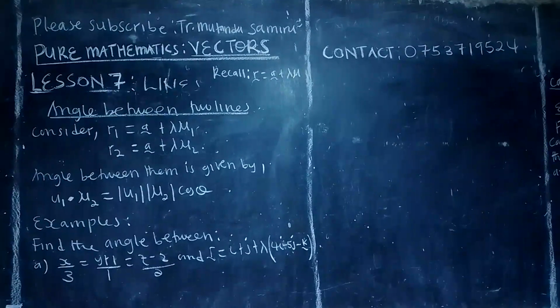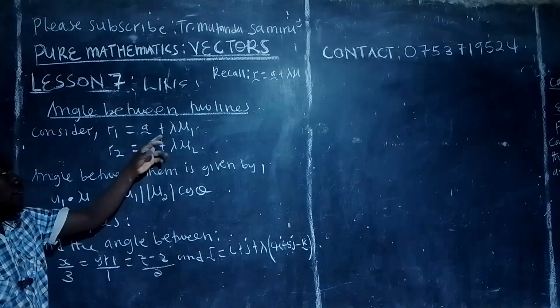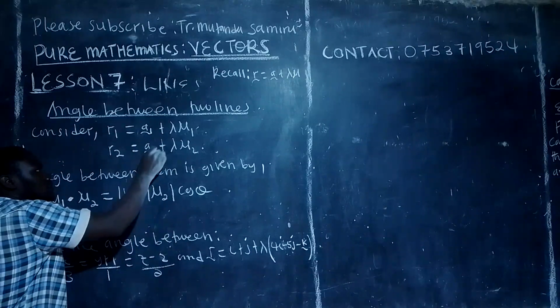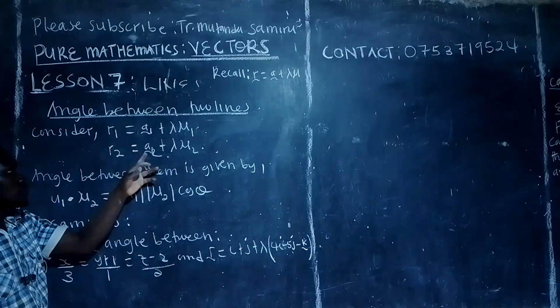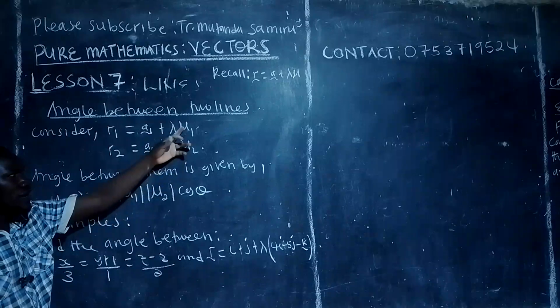All right, so let us proceed with angle between two lines. Consider line R1 is equal to A1 plus lambda mu1, and R2 is equal to A2 plus lambda mu2. Now, to find the angle between two lines, we pay attention to their parallel vectors.